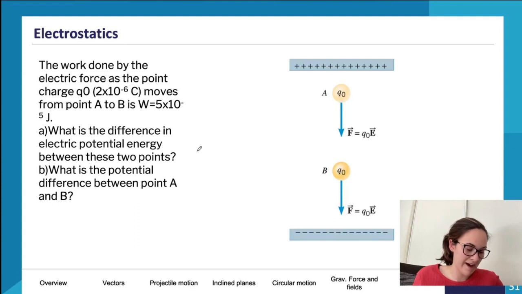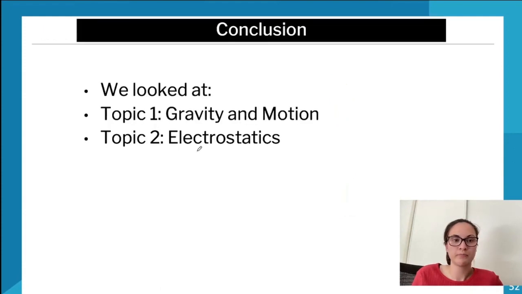And then you need that value, and you need to divide it by the charge that they give you, and then that should give you your answer. Sorry, I don't have time to write it out. But yeah, so to solve A, it's just the negative of your work. To solve B, you have to take that negative of the work and divide it by that charge that you're given.